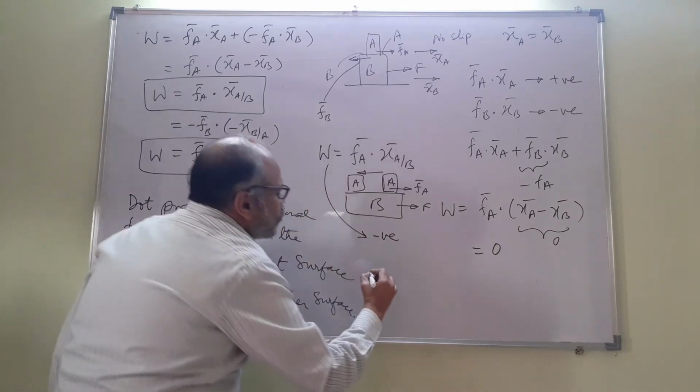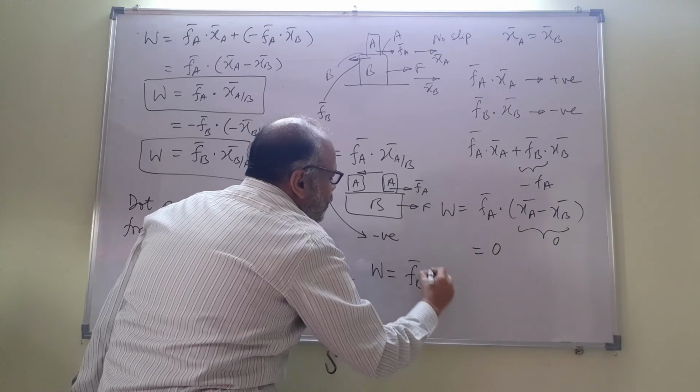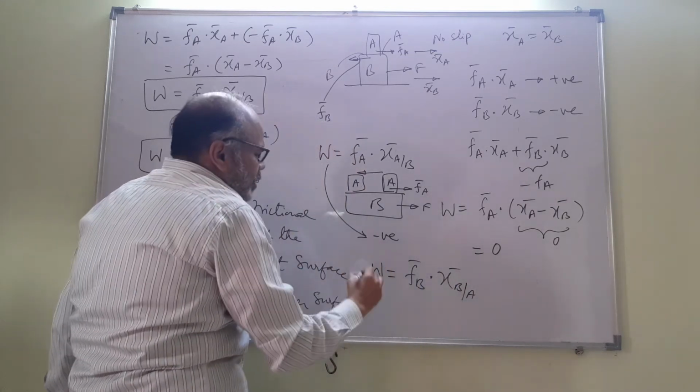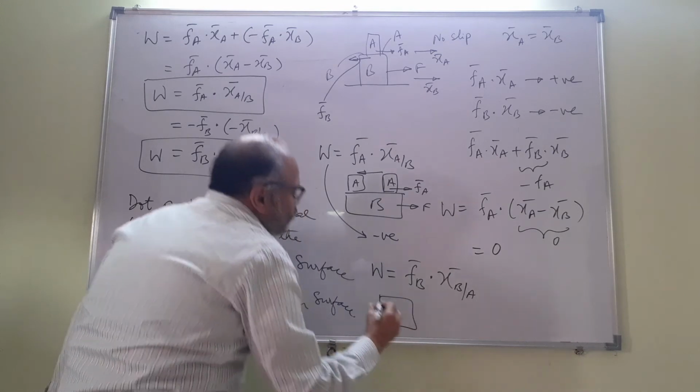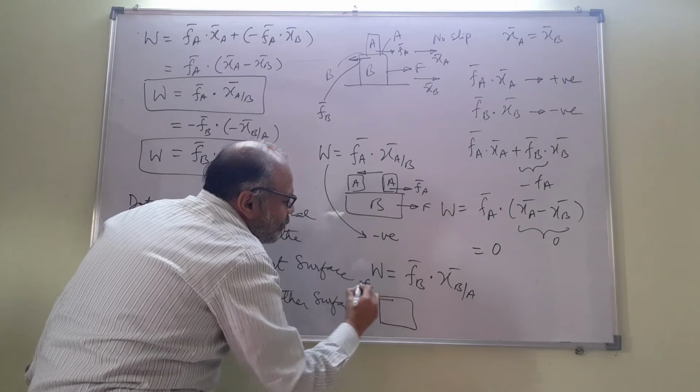The whole thing can also be seen as work equals FB dot XBA. The frictional force on B is towards the left.